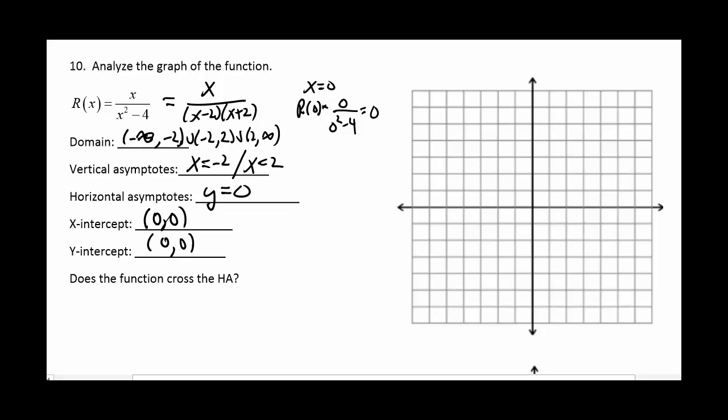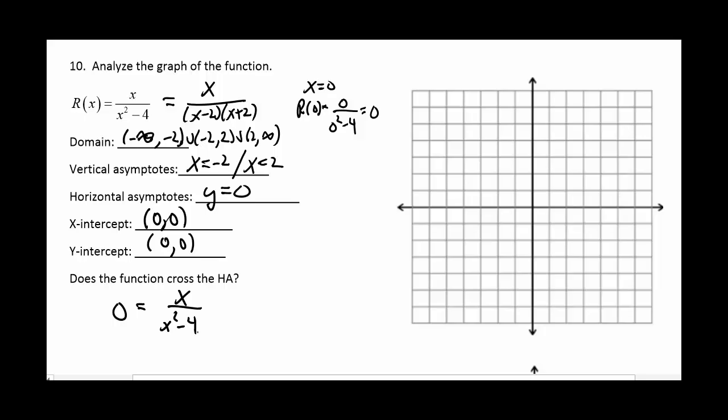Okay. Then we have this interesting question about, does it cross the HA? So I'm going to take the number I got for the HA, which was 0, and then I'm going to set my rational function equal to that and see if anything solves. So x squared minus 4.